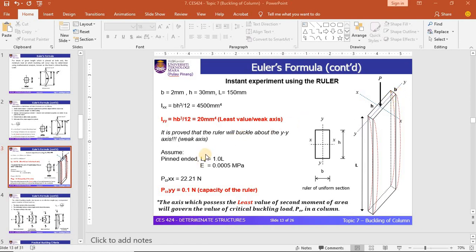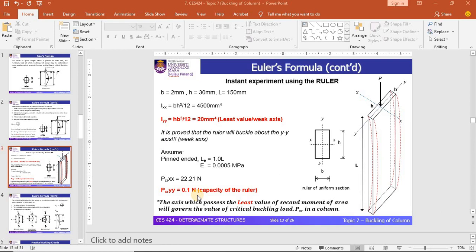By further assuming LE is equal to 1.0 L based on pin-ended conditions, and E is equal to 0.0005 MPa, you can see that PCR in the x-x direction is equal to 22.21 newtons, and PCR in the y-y direction is equal to 0.1 newton.